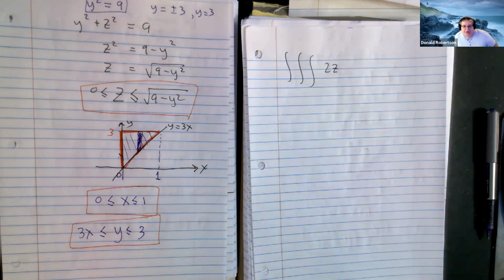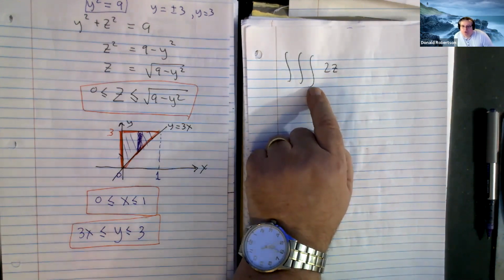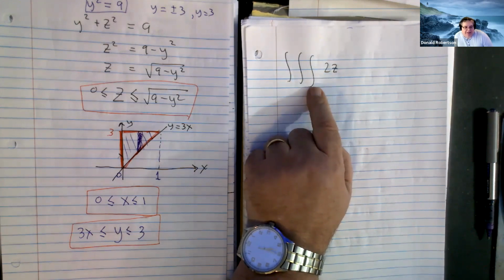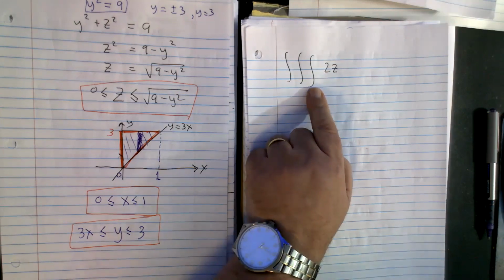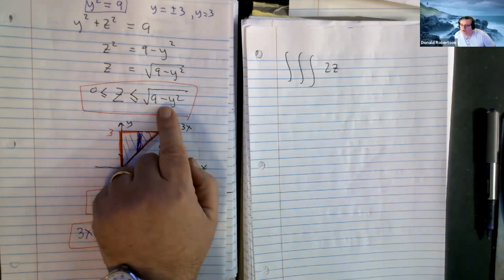Okay. The first one, the one my finger is pointing at, this one here, x, y, or z. What should I use here? Any takers? Should this be the limits of integration z, the limits of integration of x or y? Z. Agree. Would you agree it's the ugliest looking one?